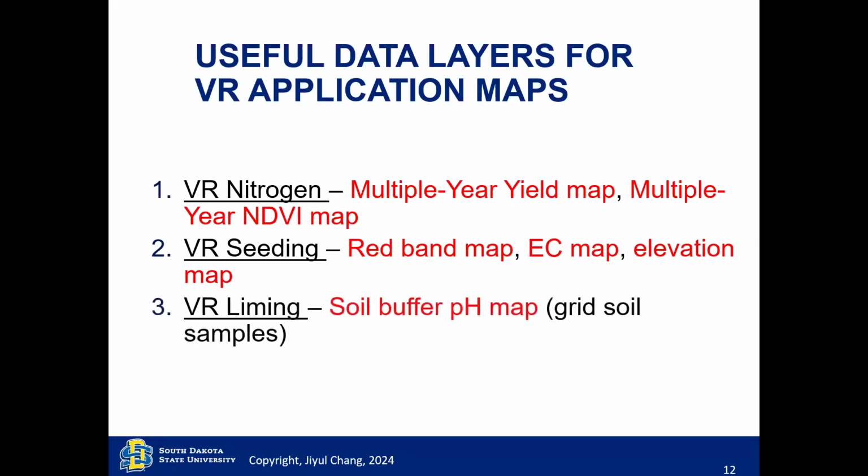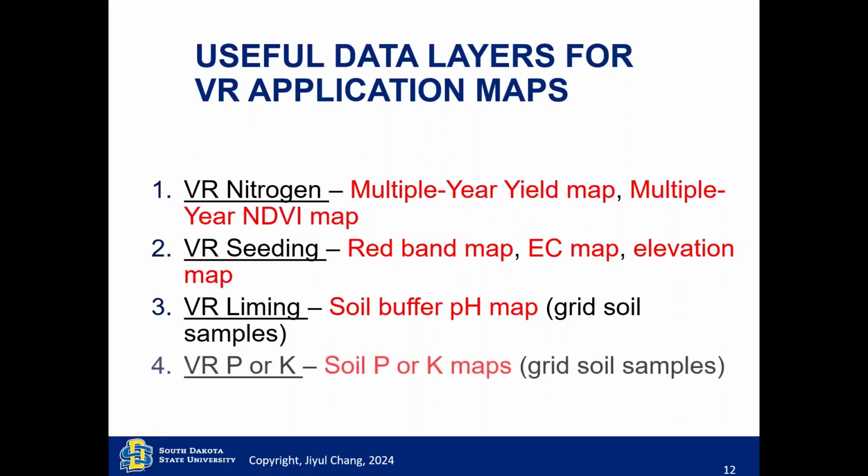To make the variable rate lime application map, we can use the soil buffer pH map from the grid soil sampling data. And finally, to make the variable rate phosphorus or potassium application map, we need to use a soil phosphorus or soil potassium map, also from the soil sampling results.